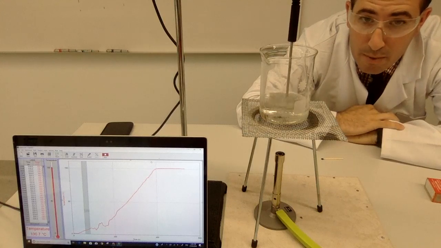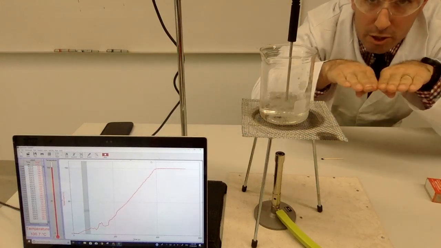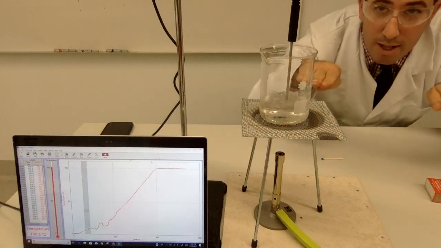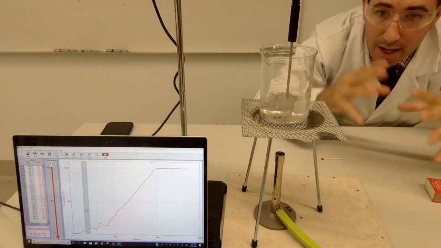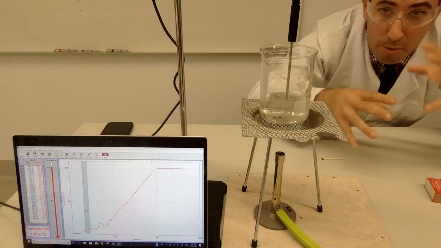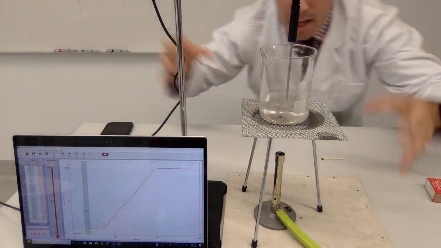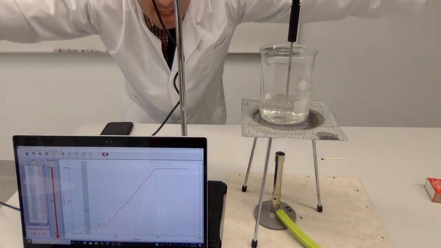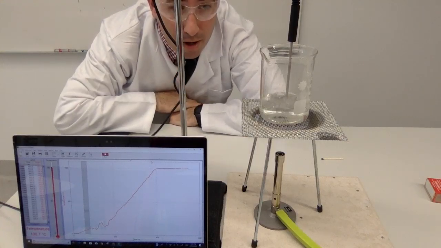Now, what's going to happen once it goes from a liquid to a gas? That energy goes to separating the particles. So the temperature is a measurement of how fast the particles are moving. When they reach this stage, they're still moving fast, but they're just moving fast away from each other. Off they go as a gas. And that is how it works.